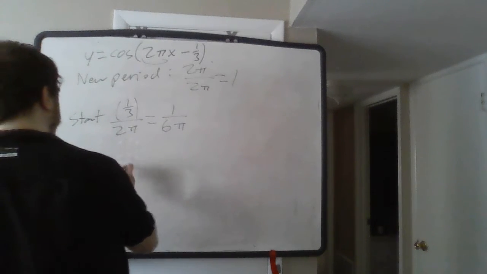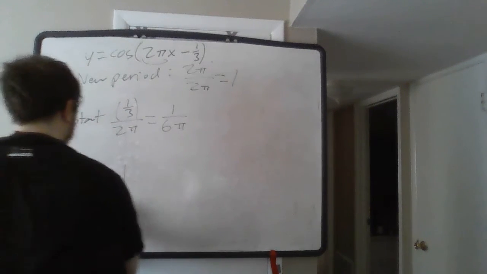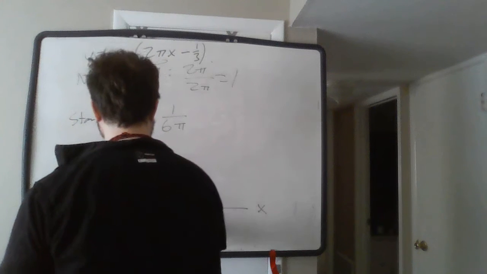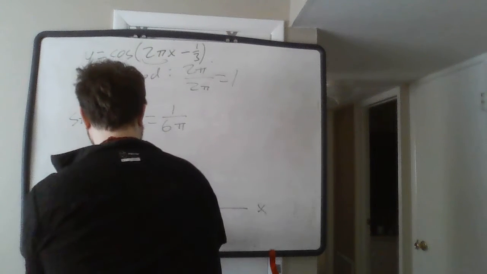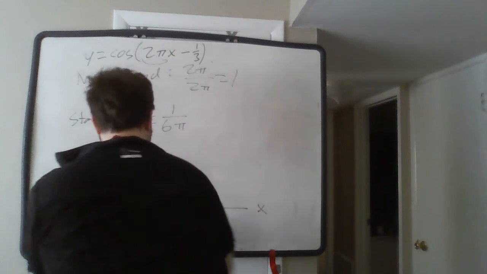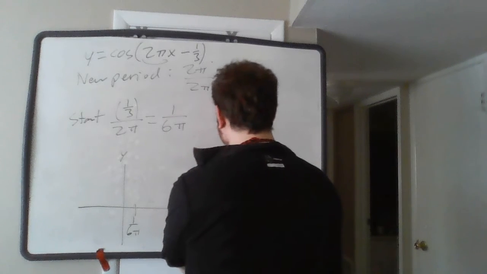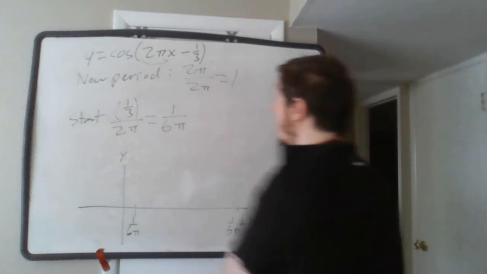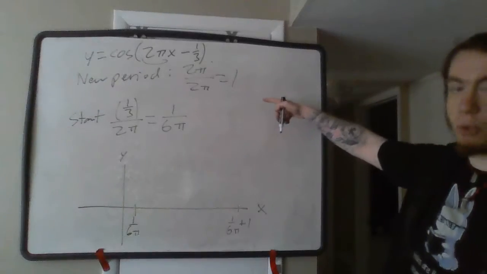So that means that we are going to have the following kind of graph. We're going to start the cycle at 1 over 6 pi, and it's going to end at 1 over 6 pi plus 1, which is the full period.